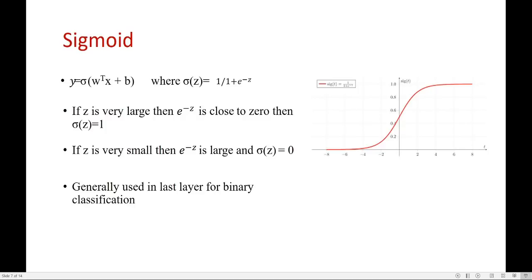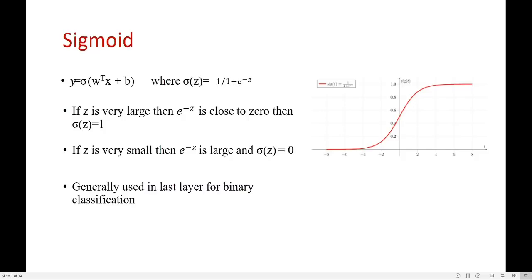Now without wasting time, let's see what is meant by sigmoid. The sigmoid function is y is equal to sigmoid of w transpose x plus b. We are going to represent w transpose x plus b as z.